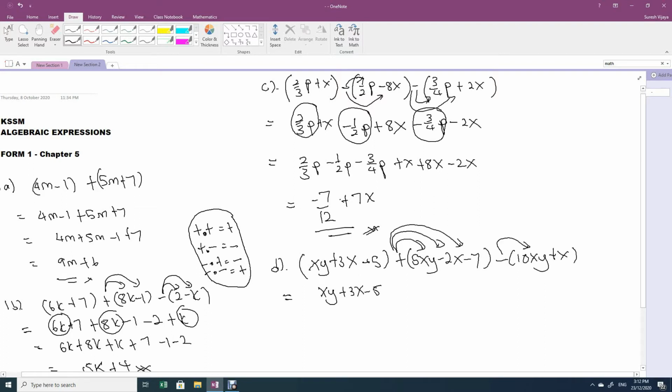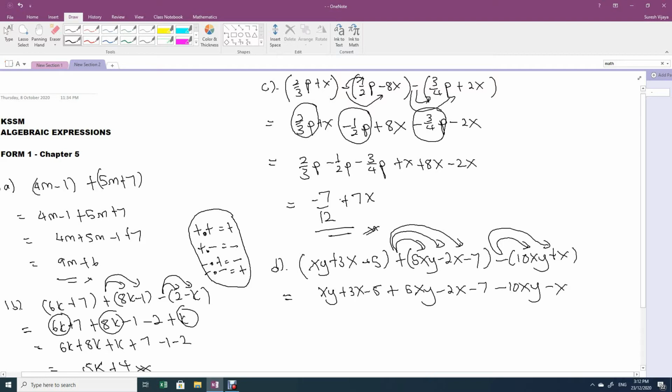Similarly, negative times 10xy, negative times positive x, so we get plus 5xy minus 2x minus 7. And we have another one, minus 10xy minus x.